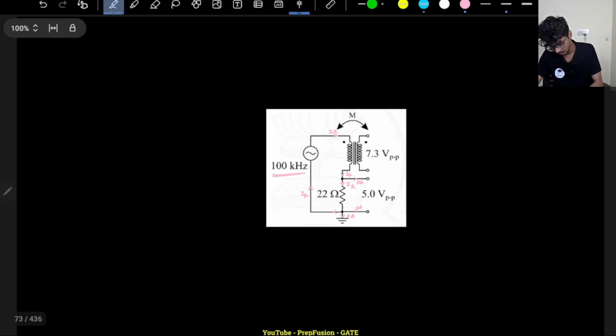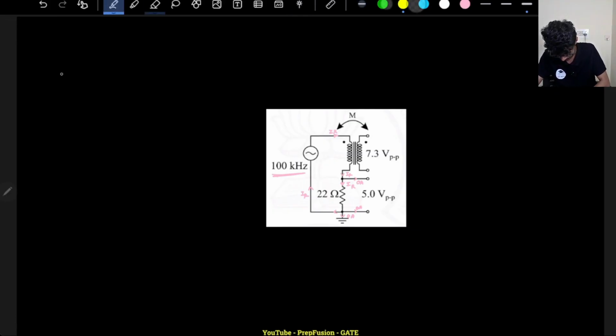Okay, so here I can directly write what is my IR current. IR current will be 5 divided by 22, V peak to peak divided by 22. The assumption is everything is peak to peak, whatever calculation, current and voltage are peak to peak.